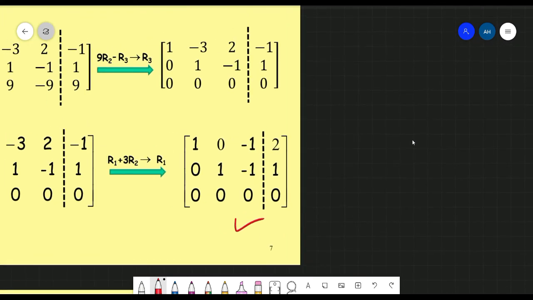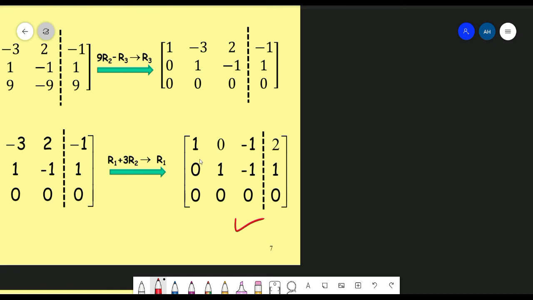If we look carefully here, instead of having three non-zero rows, we have only 2 non-zero rows. We don't have any information from the last row. 0 is equal to 0. That is what the last row is telling us. We know that, right? 0, of course, equals 0. There is no new information there.